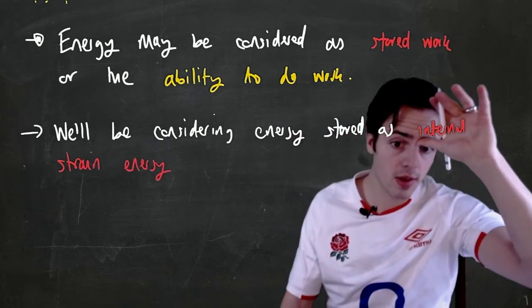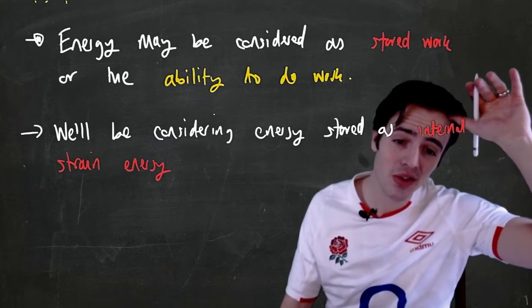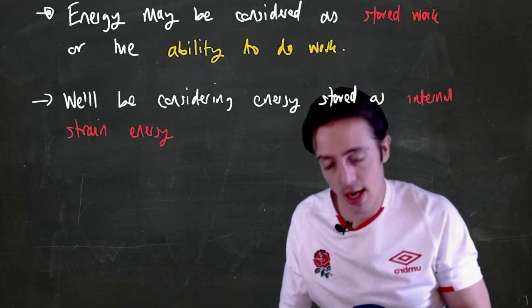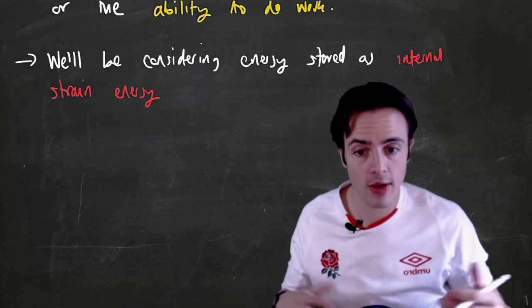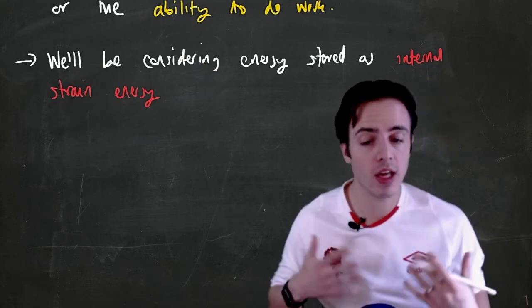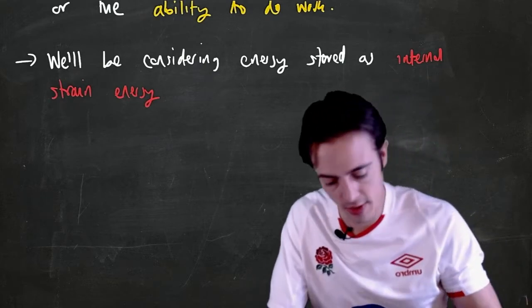So consider energy being stored as internal strain energy. And then there's got to be a work that we're going to compare this to, and we're going to think about the external work that can be done on a system.